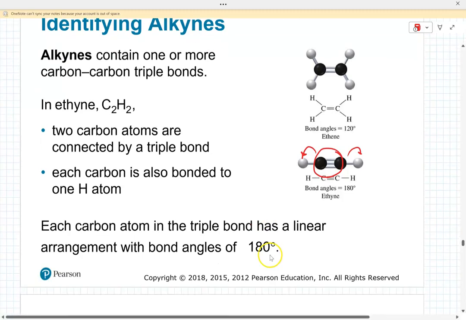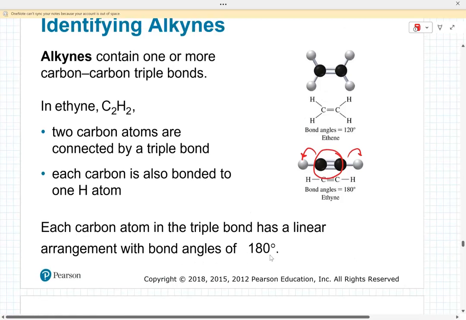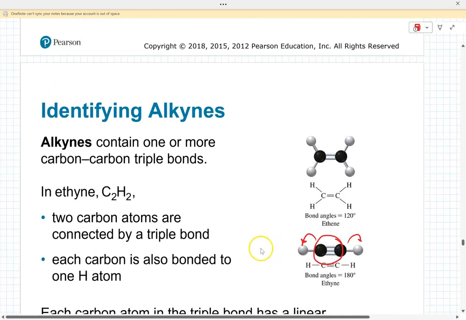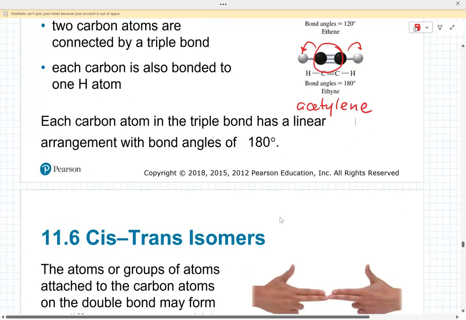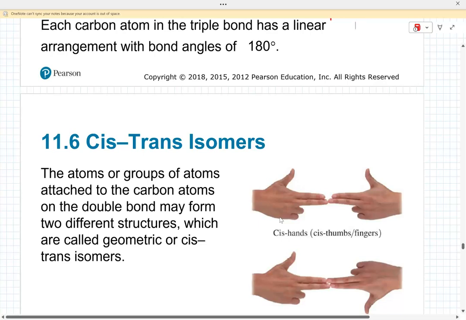So ethyne, also known as acetylene, is one of the gases used in some types of welding or cutting metals. So far, so good.